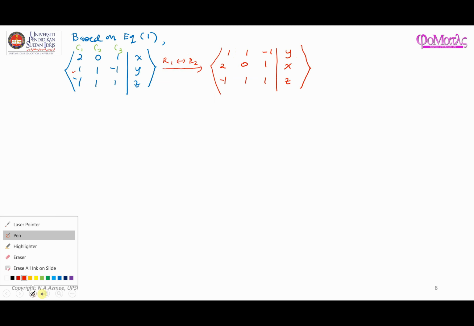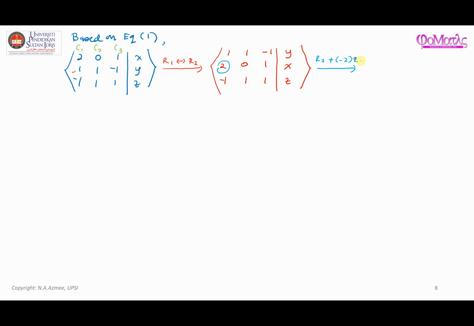Now I shall make this entry 0, so R2 plus negative 2 R1. We have 1, 1, -1, Y. So 2 minus 2 is 0, 0 minus 2 is -2, 1 plus 2 is 3, and X minus 2Y.